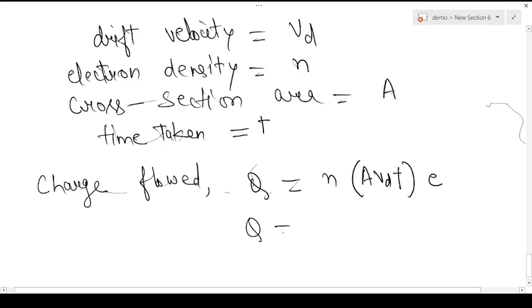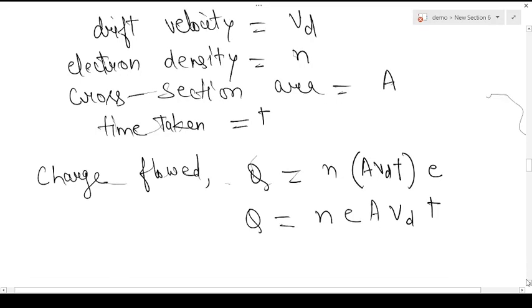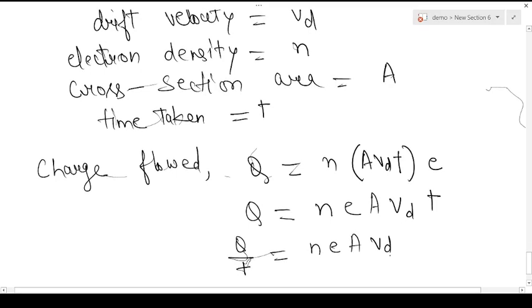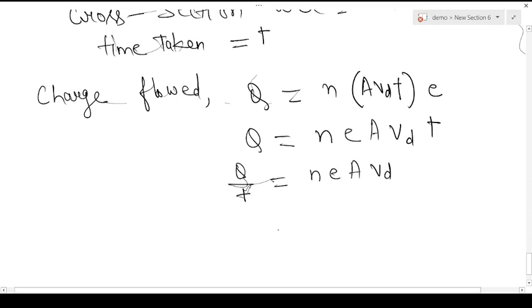So we can write Q equals n e A Vd T. Then the time T, if we bring it to the left side, charge divided by time equals n e A Vd. We have seen that charge divided by time is the current, so I equals n e A Vd.